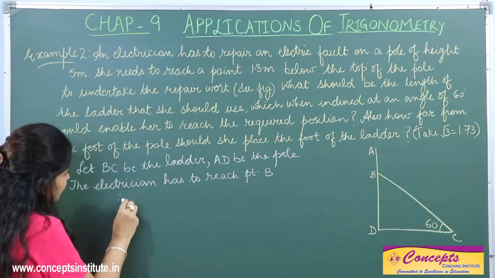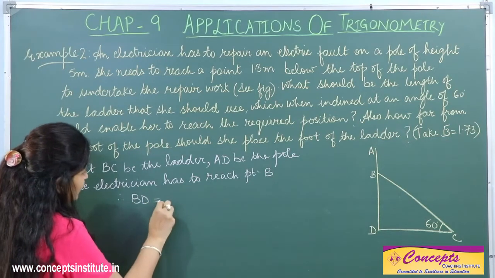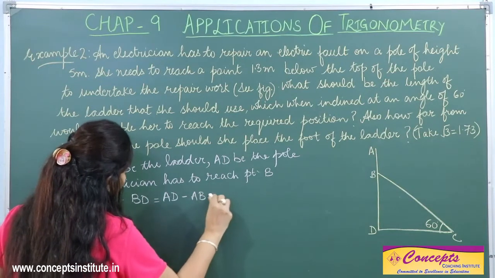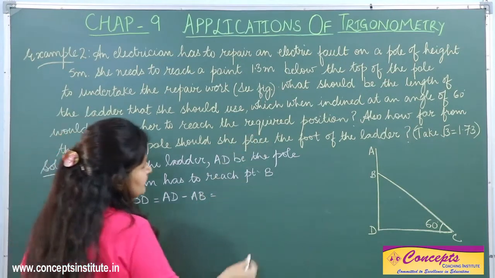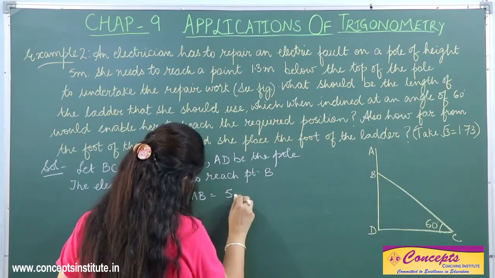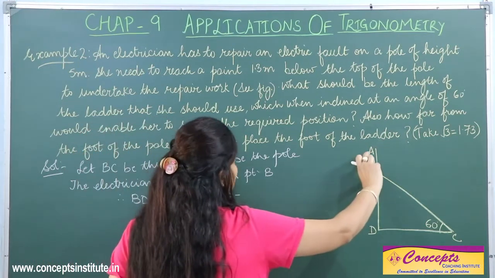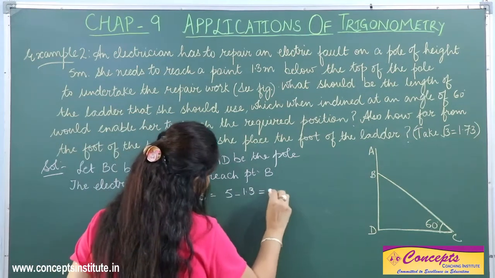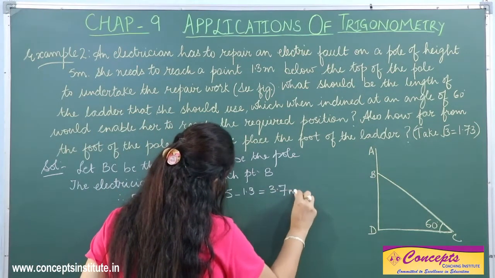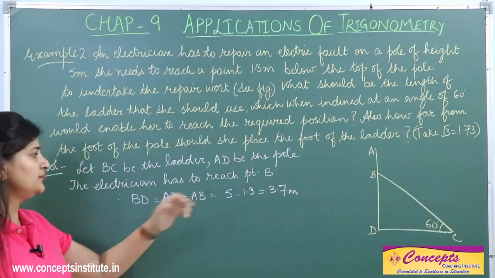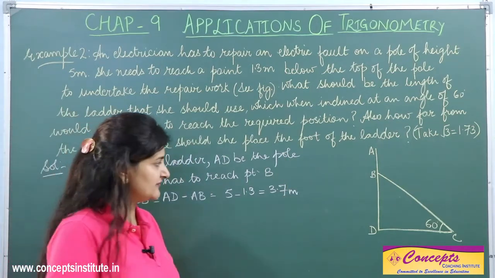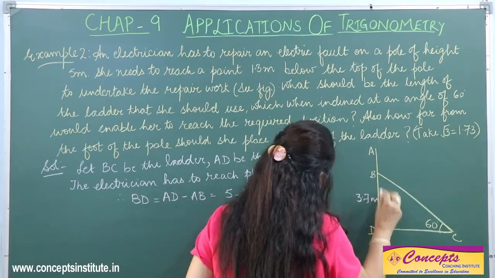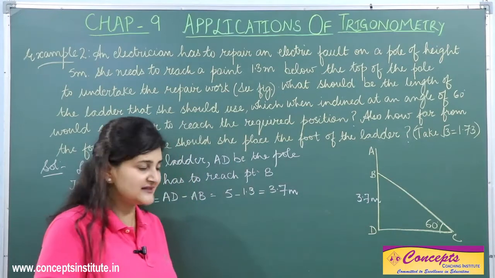So what would be distance BD? BD would be AD minus AB, and AD, the length of the pole is given to us as 5 meter, and she has to reach a distance 1.3 meters below it. So it would be 5 minus 1.3, that gives me 3.7 meters. So that means now BD has come out to be 3.7 meters, and whatever you have found out you can write on the figure so that it becomes easier for you to calculate the rest of the things.